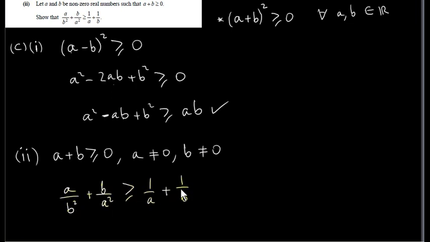And what I will do is get it into a straight line. To get this into a straight line, what you do is multiply all of it by a²b². That way you will be able to cancel out all the denominators. And by the way, multiplying by a²b² won't affect the direction of this inequality, because a²b² is clearly positive.